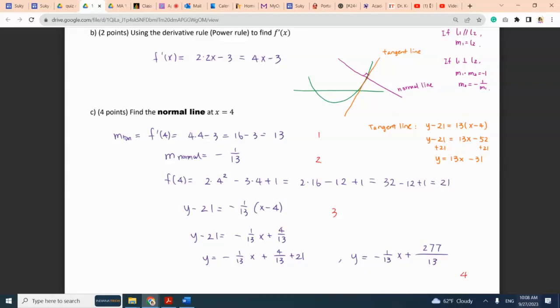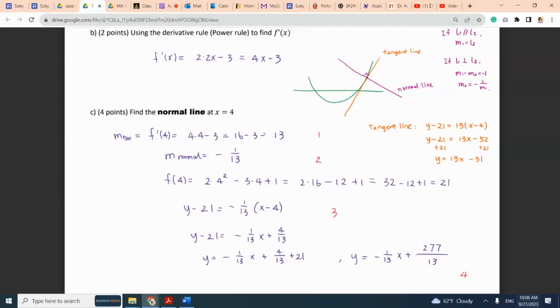So if you find the tangent line, I didn't pick up any points because I think you're not familiar with the normal line. So for the tangent line, the slope is: you plug x equals 4 into the derivative. So 4 times 4 minus 3 is 13. This is the slope of the tangent line. And remember, in order to write a line, you need a point on the line.